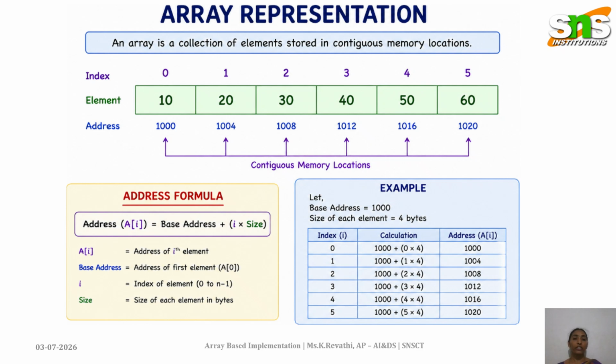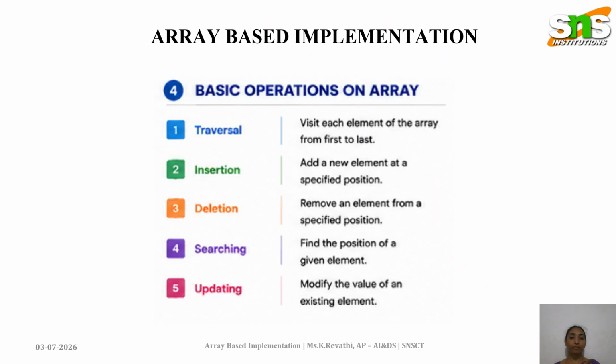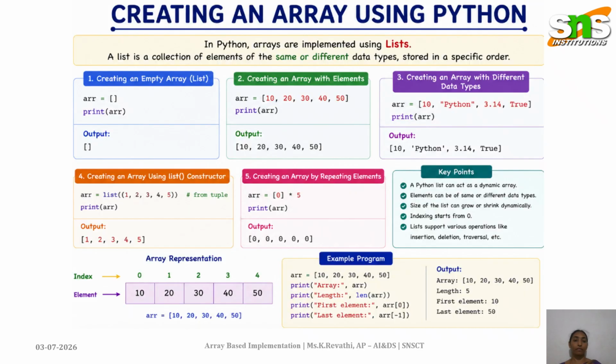The basic operations of arrays are insertion, deletion, accessing an element, that means searching, and finding the length of the array. First is insertion. Insertion means adding an element at the end. In Python, we write array.append of 30.